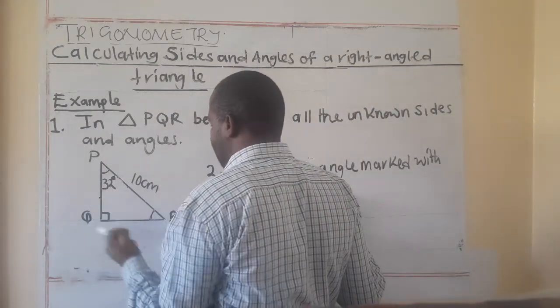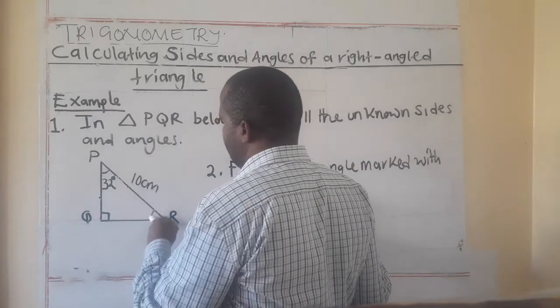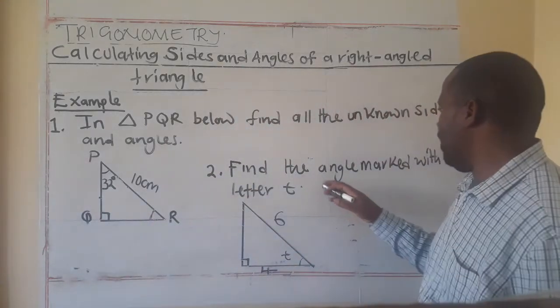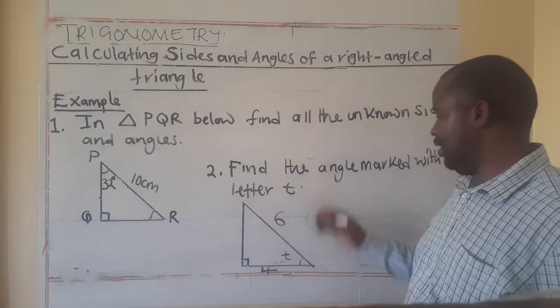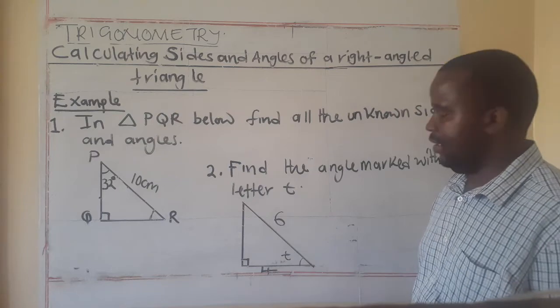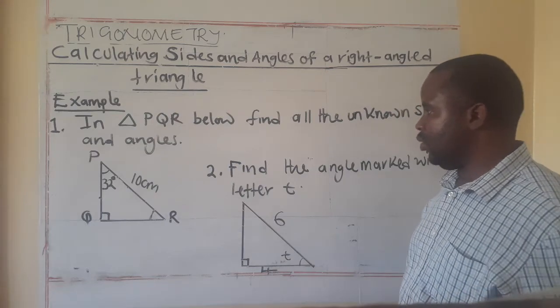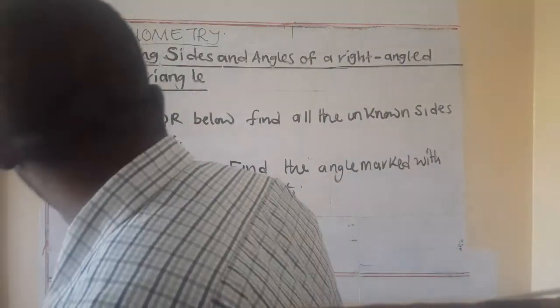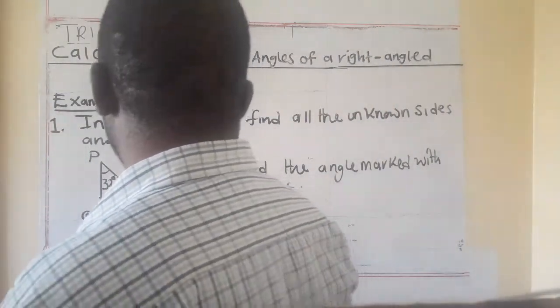We need to find this side and this side. Then the angle here that is missing is this one. In the second question, we have to find the angle marked with the letter T. This one. We've been given this side and that side. So I'll try to exhaust all the ways of finding these things.